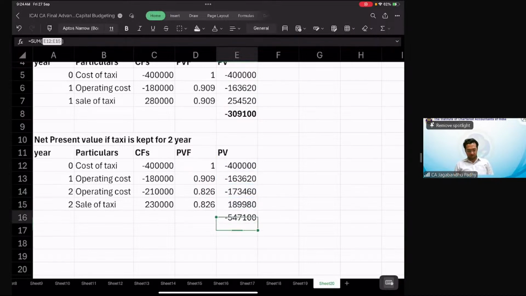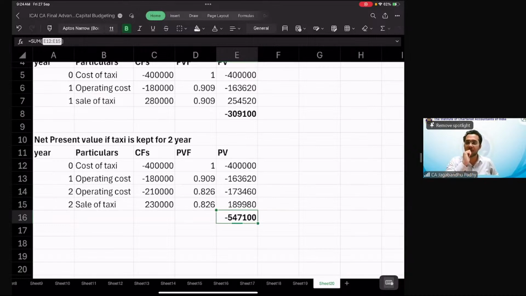Right? Check if you are getting this negative 5,47,100. Regarding this NPV, negative 5,47,100.